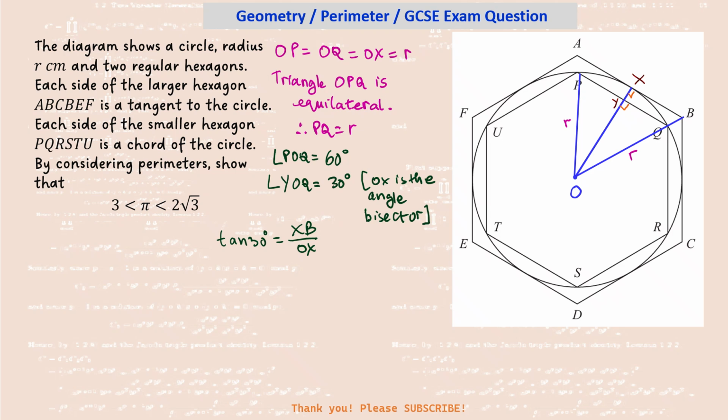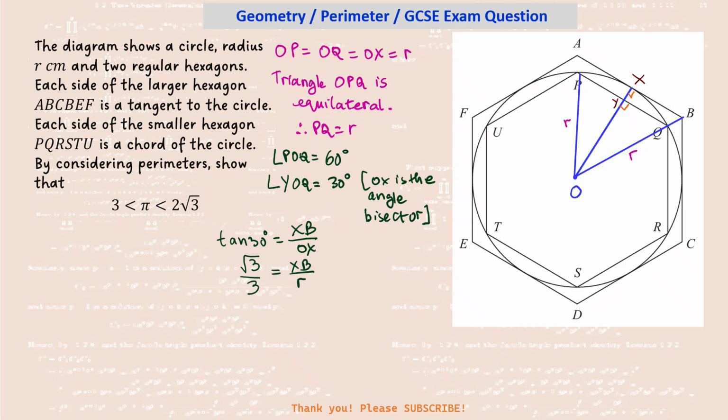So if you consider this triangle, that is OXB, then tan 30 degrees would be XB out of OX. This is the angle that's 30 degrees. So tan 30 degrees is XB out of OX, because triangle OXB is right angled.